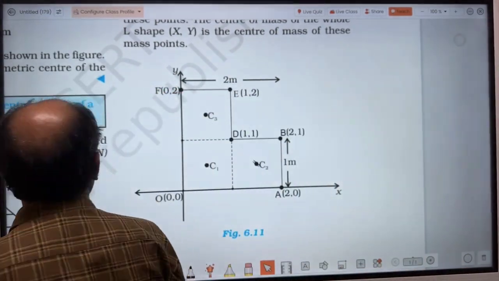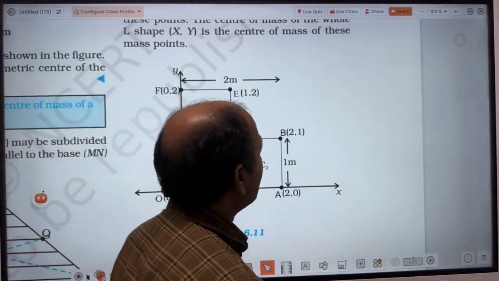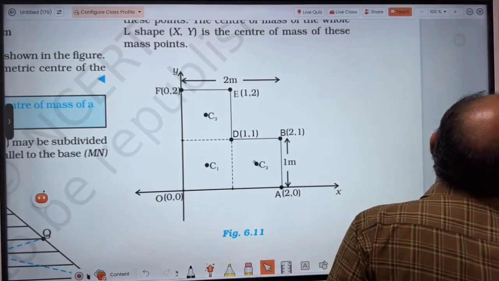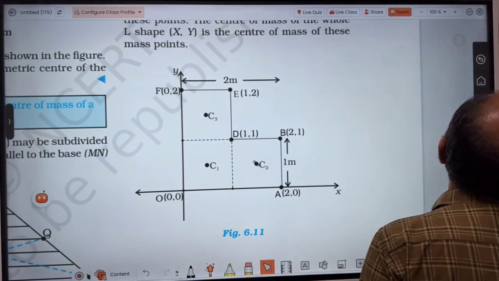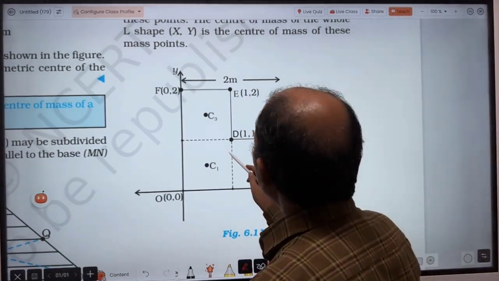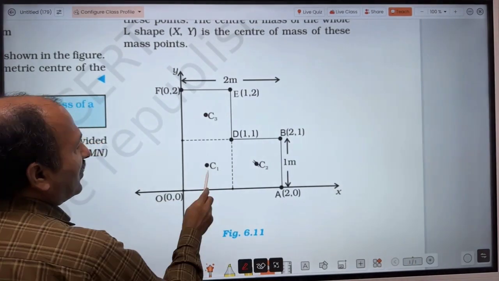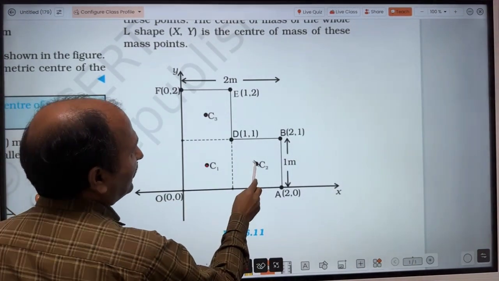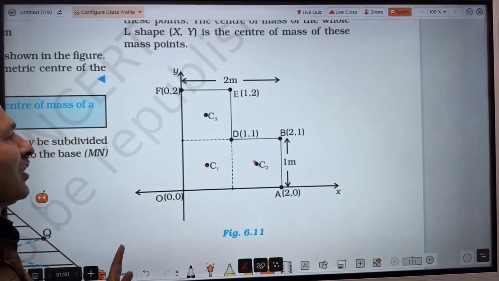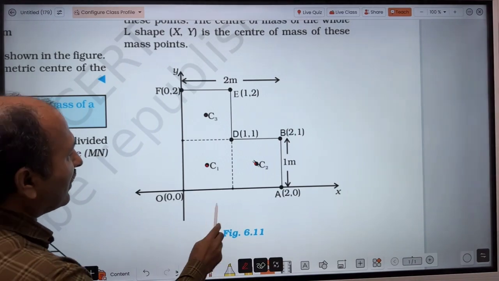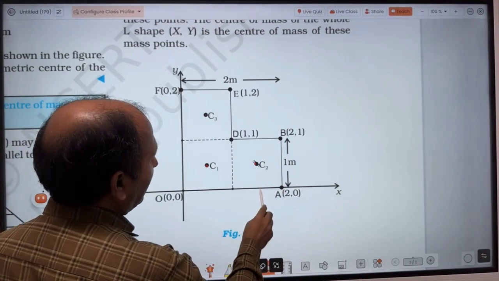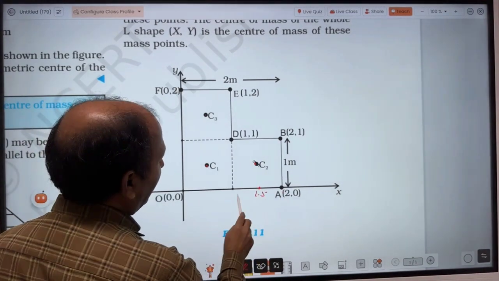Now the point that is left is to locate the position of these masses. What is the position of this mass? That is the important point. Up to here, this is 2. Here it will be 1.5.